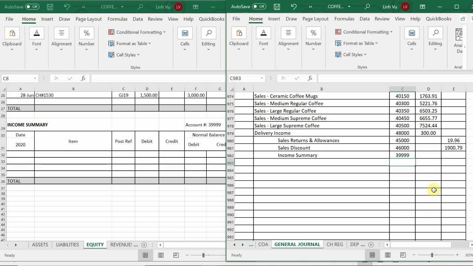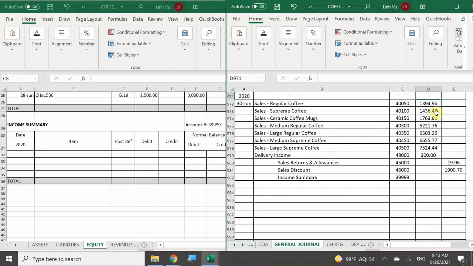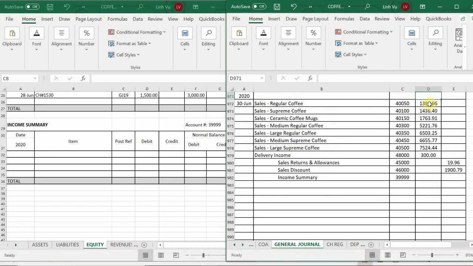All right. Now this is where you have to figure out, well, how much are you going to put into income summary? So if I click and drag and highlight all of these cells right here, I know that this gives me a grand total of this number here down below.